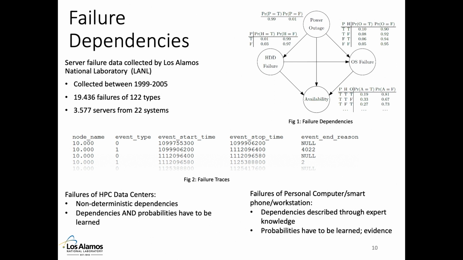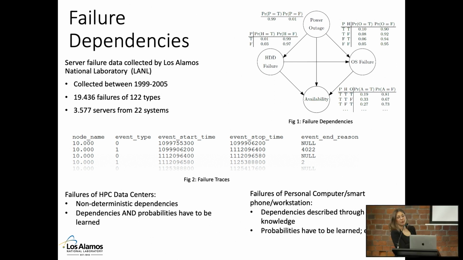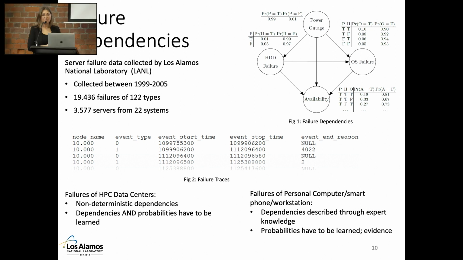Well, there are dependencies everywhere. And I guess every one of you can draw this graph here. This is the common knowledge of computer scientists: how the failures in a simple system depend. If you have a power outage, everything fails, right? If you have operating system failures, we have reduced availability, and so on.